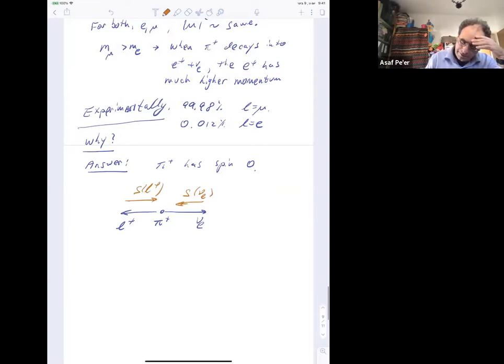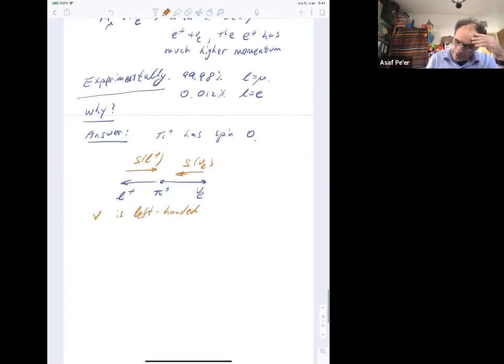So the neutrino is left-handed, which means that the anti-lepton must be left-handed.